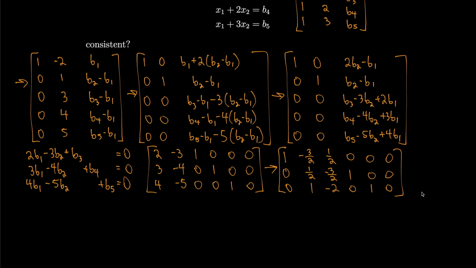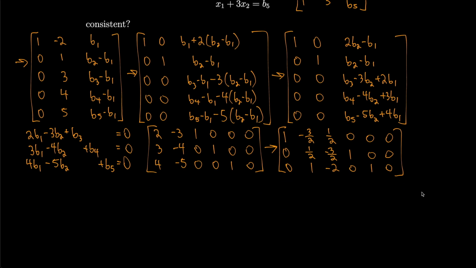Okay, so let's continue to manipulate this. I'll end up with a top row of 1, 0, minus 4, 3, 0, 0. I'll just multiply this row by 2 and then subtract off from these guys to cancel it out.